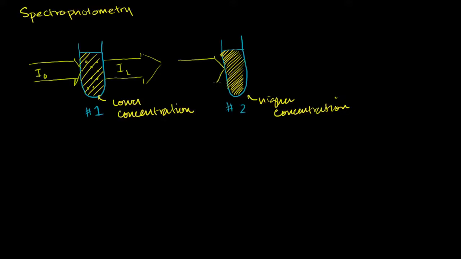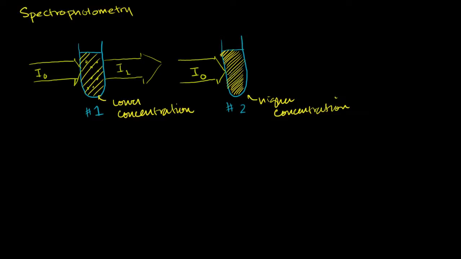Now, if we shine the same amount of light, I0, into this beaker, that's supposed to be an arrow there, but my arrow is kind of degrading. If we shine the same intensity of light, what's going to happen? Well, more of those specific frequencies of light are going to be absorbed as the light travels through this beaker.